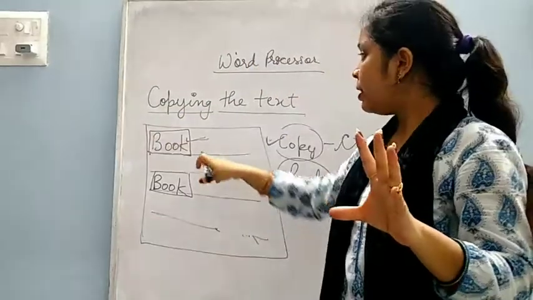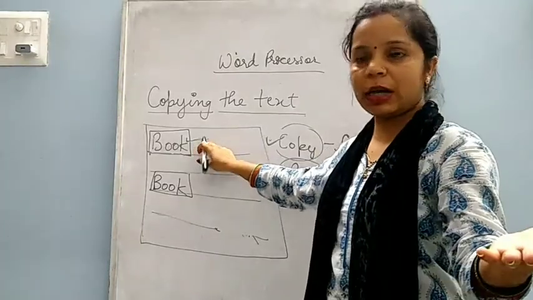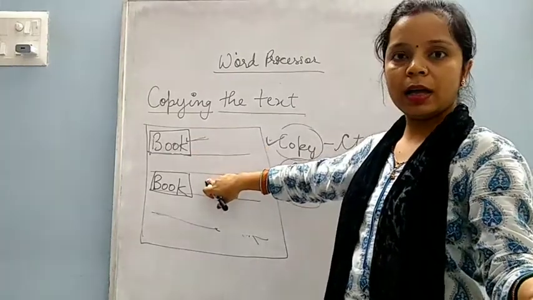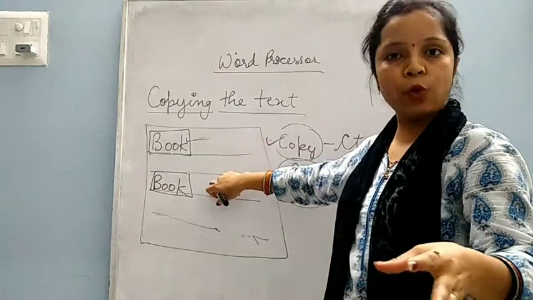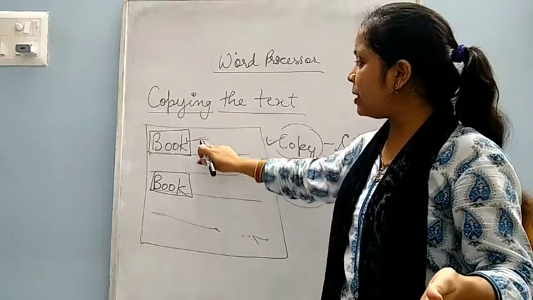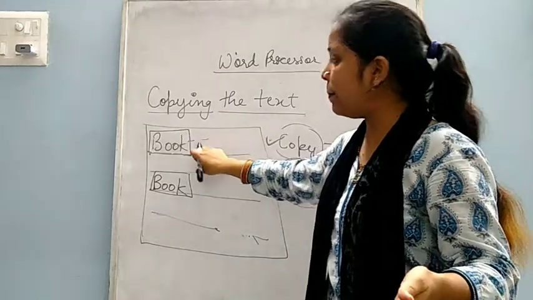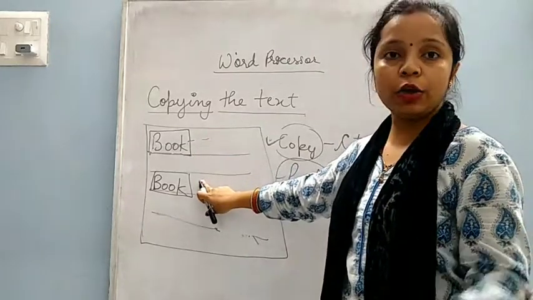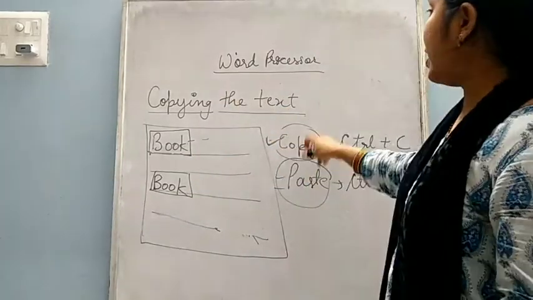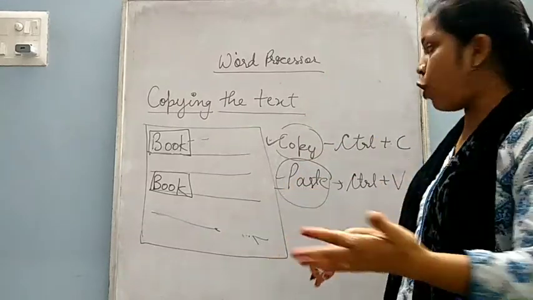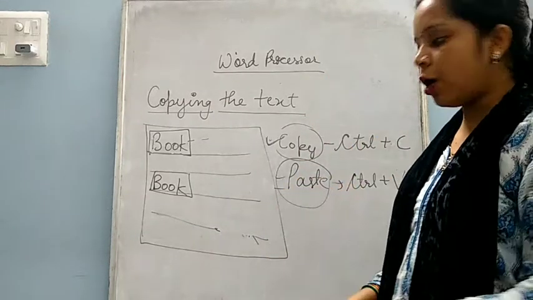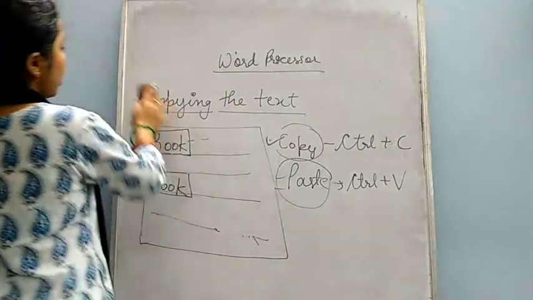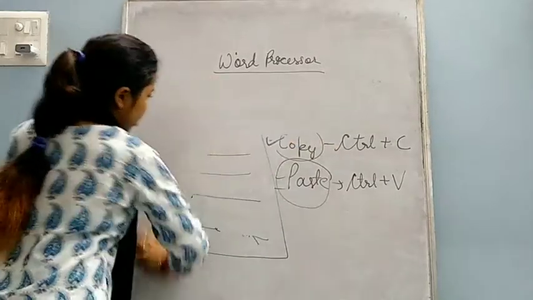In moving, the word is removed from the original place and moved to the new place. In copying, the word stays at the original place and a copy is created at the new place. For moving, the cut and paste option is used, and for copying, the copy and paste option is used. So this was all about copying and moving.